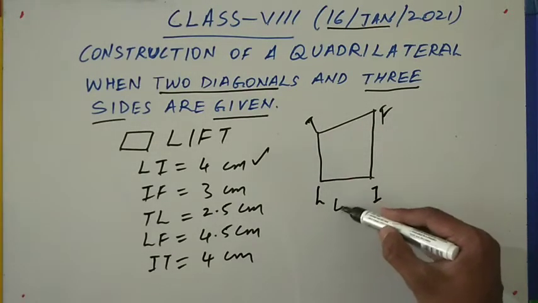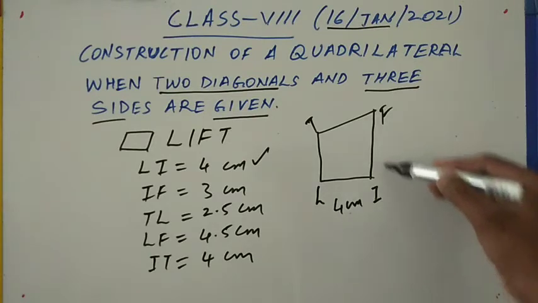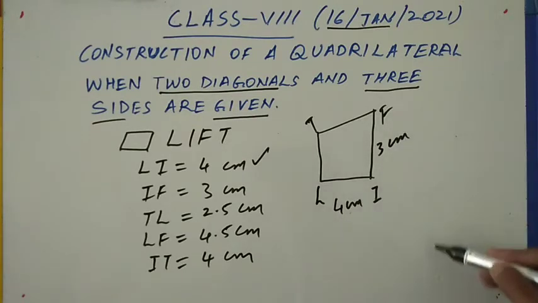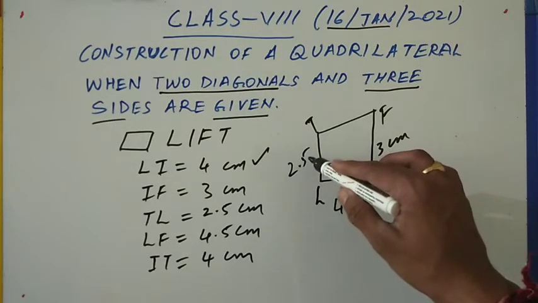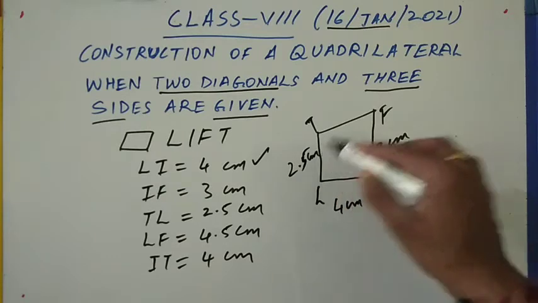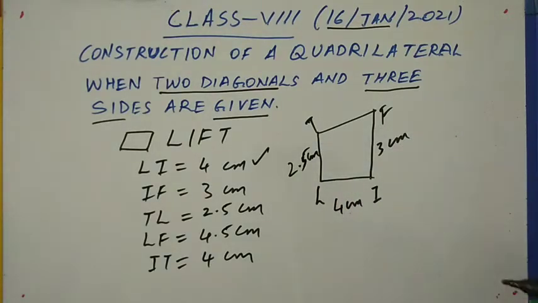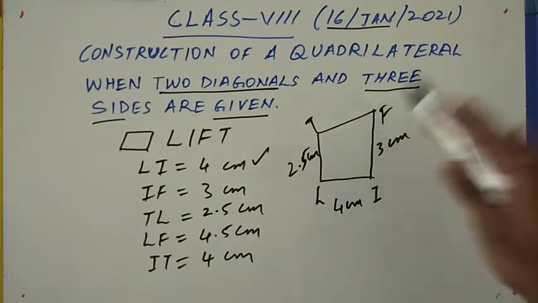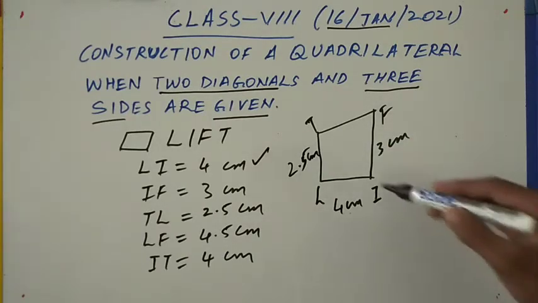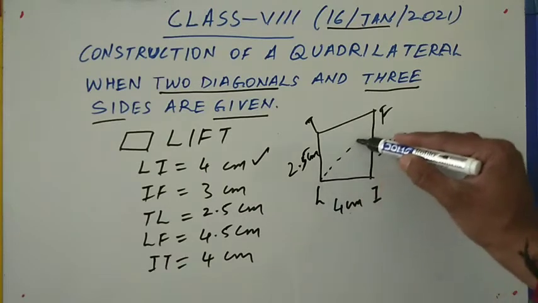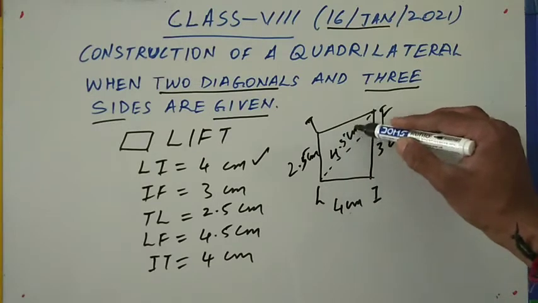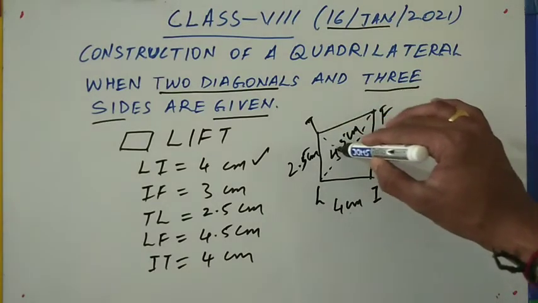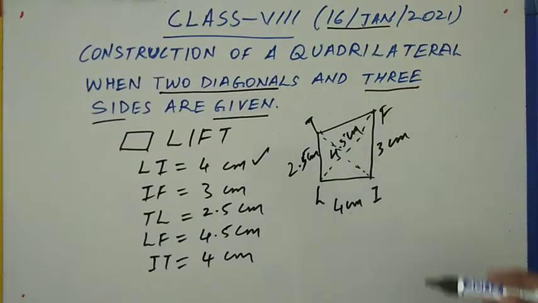So, LI is of 4 centimeter, IF is of 3 centimeter, TL is of 2.5 centimeter, and we are not given TF side, whereas we are given LF diagonal which is of 4.5 centimeter and IT diagonal which is of 4 centimeter.